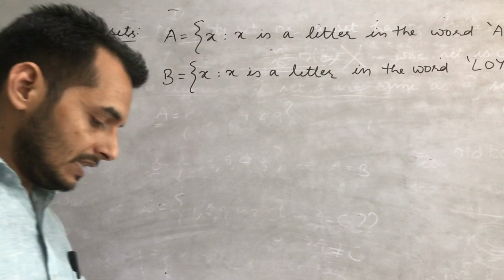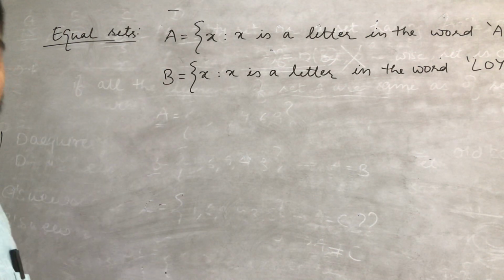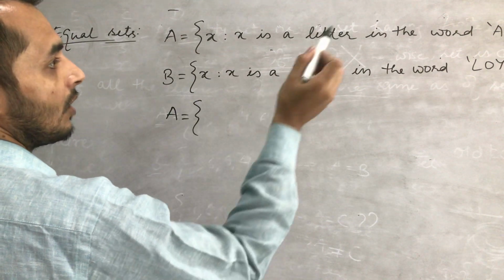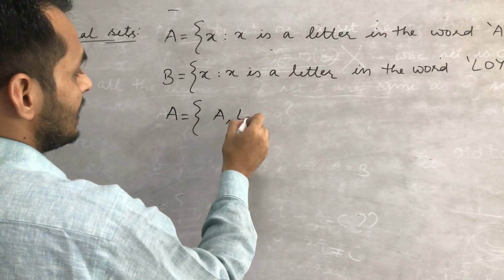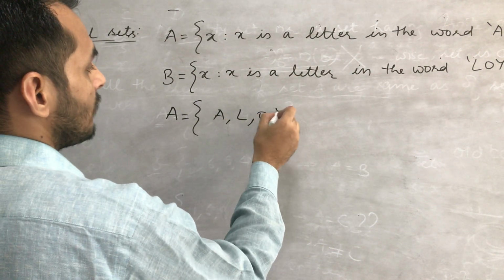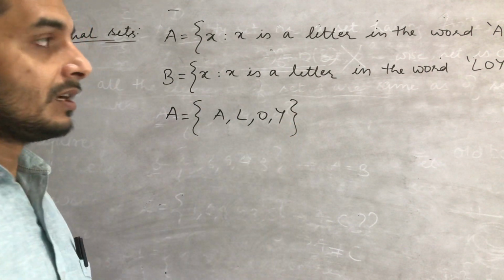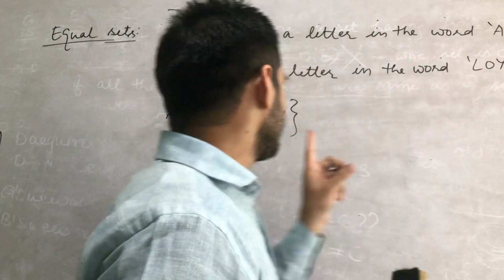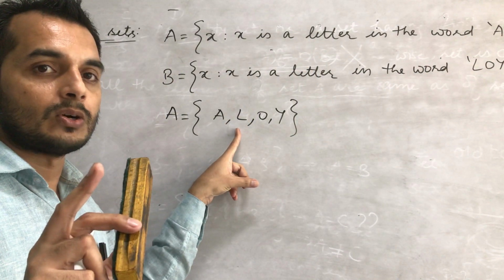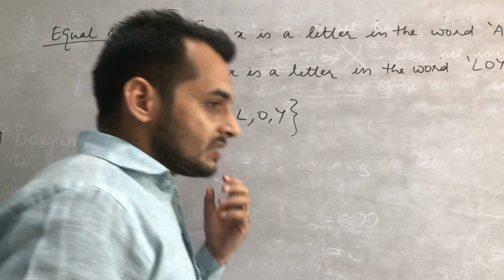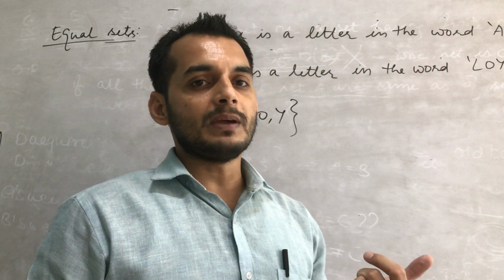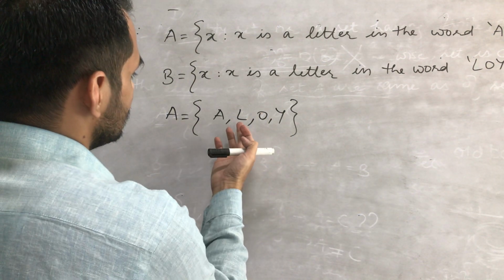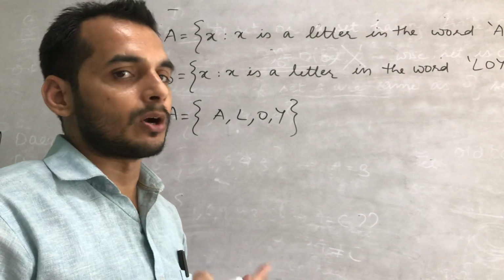Can you write these two sets in roster form? Yes, I can write A equals A, comma L, comma O, comma Y. See, here we have two L's, but I have taken L only once, because generally we do not repeat the same element, since there is no difference between writing it once or twice.